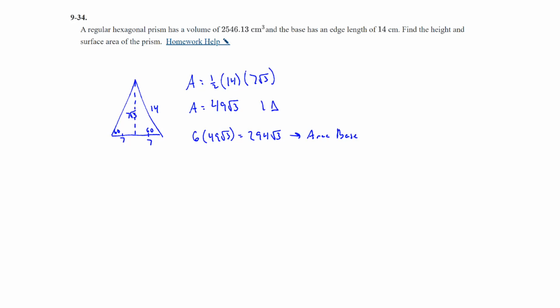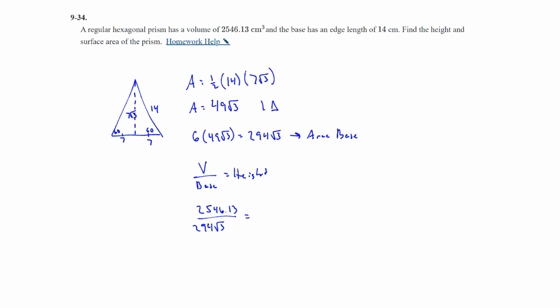Since we know what the volume is, if we know the area of the base and we divide the volume by the base, that will give us the height. Think about when we find the volume: we want the area of the base multiplied by the height. So we're just going to work backwards. We'll take the volume, 2,546.13, divide that by the base we just found, 294 times the square root of 3.